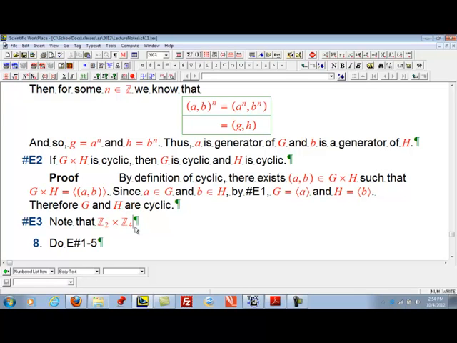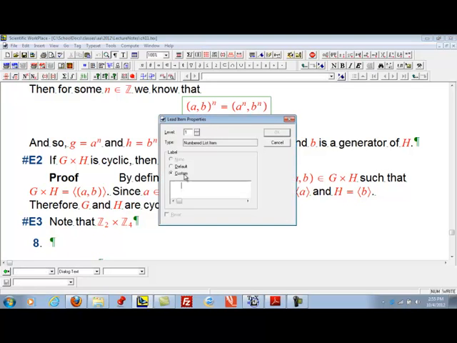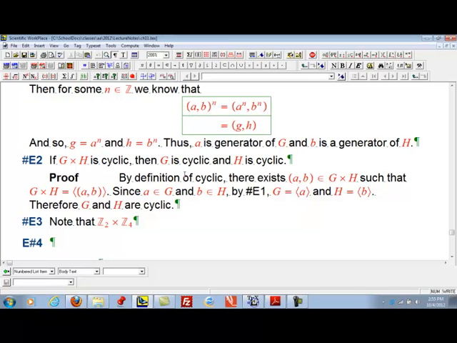Now this brings us to number 4, which we're actually not going to completely prove because we're out of time. But what you need to know about number 4 simply says, let the order of a equal m, and the order of b equal n.